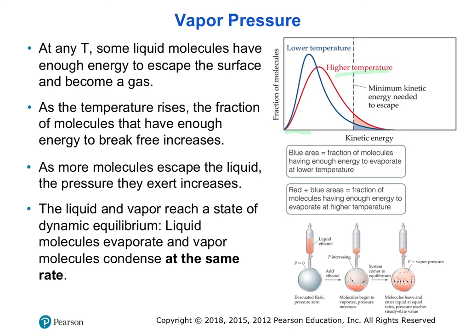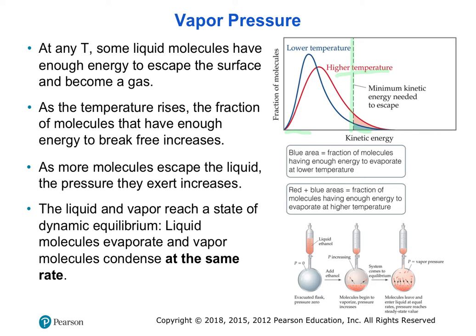This little dashed line here tells us the minimum amount of kinetic energy that a molecule needs to escape from the liquid phase and have enough energy to break all of its intermolecular forces and jump into the gas phase. If we look at the blue line, the lower temperature, there are not as many molecules in that shaded blue area as when we have the red curve at higher temperature.